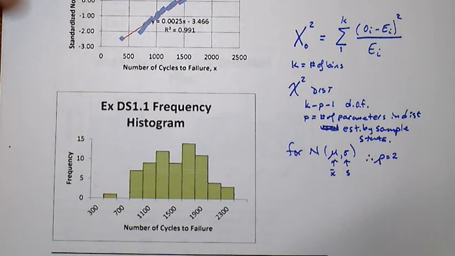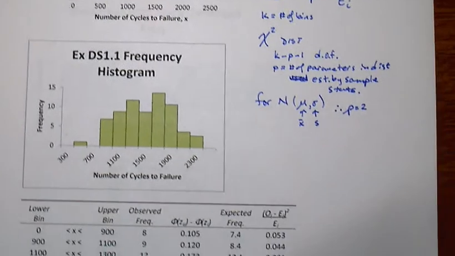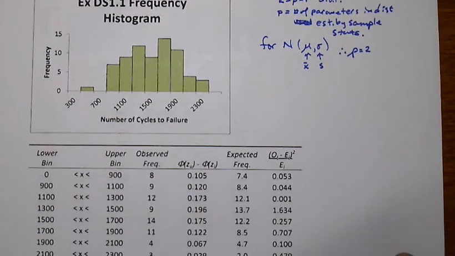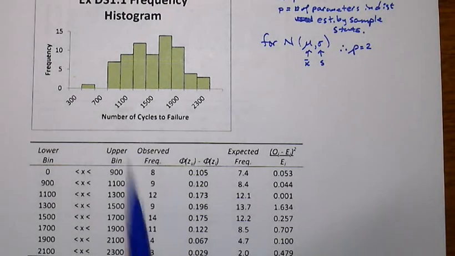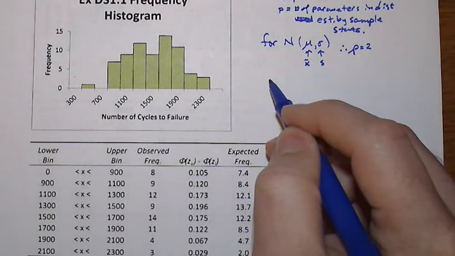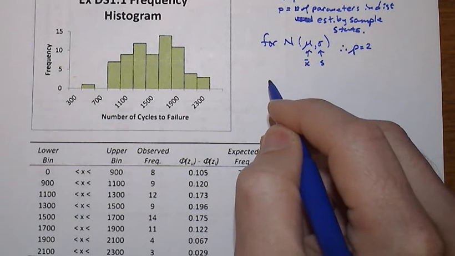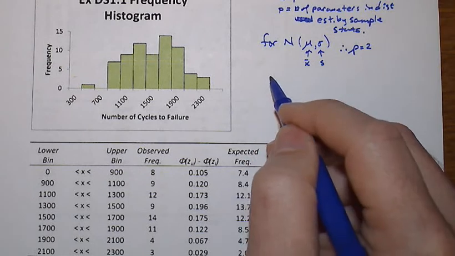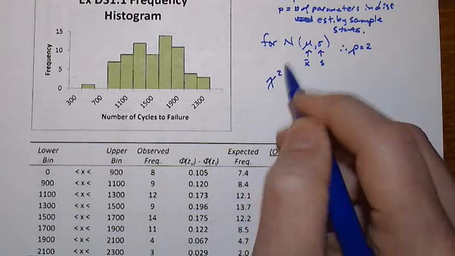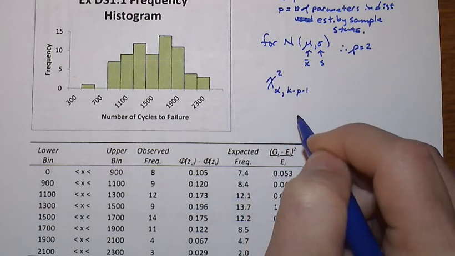Okay, it's probably best illustrated by taking a look at an example. The kinds of tabulation that we'll do are seen down here in this table associated with this particular frequency histogram. At the end of the day, what we're going to be doing is comparing the test statistic with our chi-squared value that goes along with a particular alpha and our k minus p minus 1 degrees of freedom.